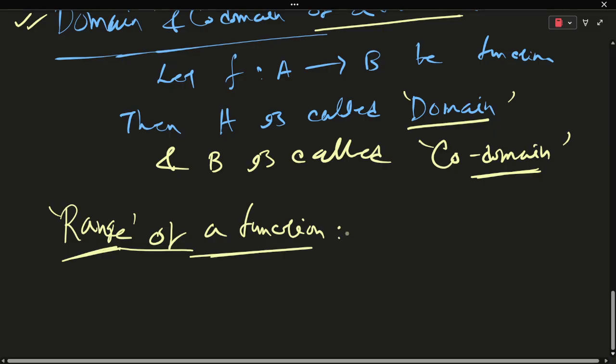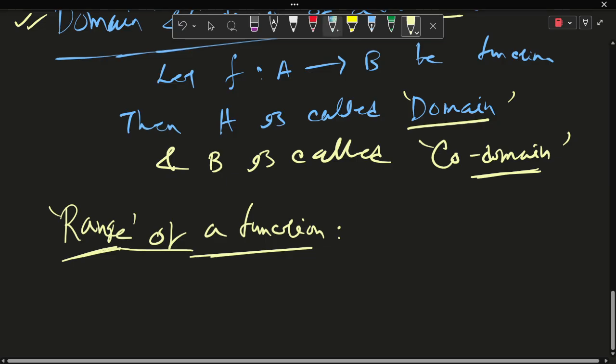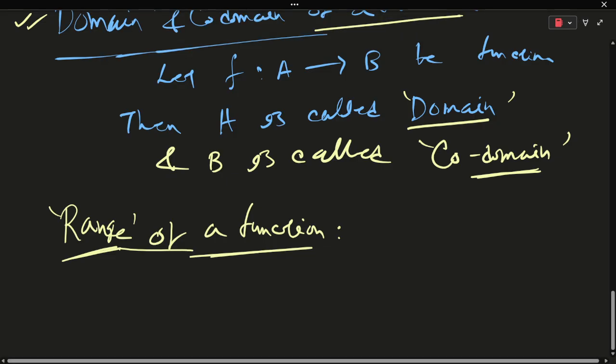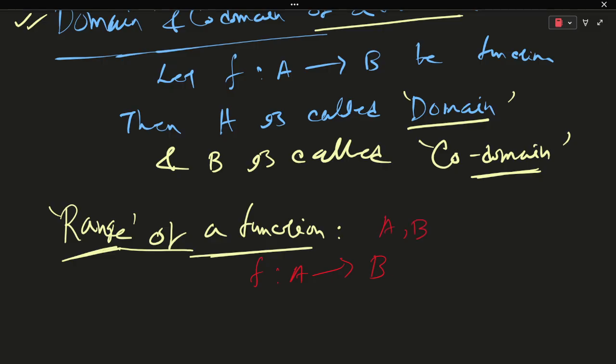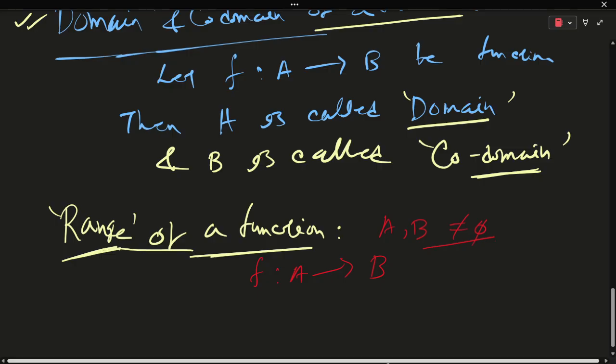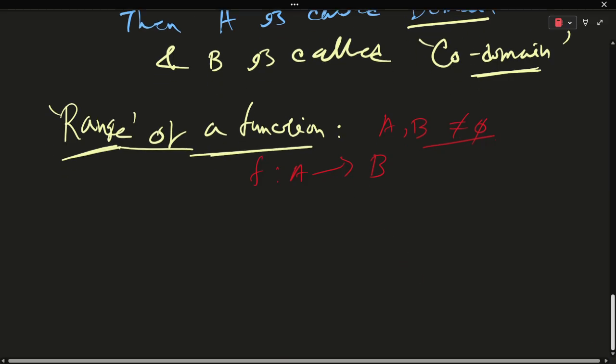So what is the definition of range of a function? If we take a function f from A to B, of course A and B are non-empty sets. That's when the definition is applicable. If one of them is empty, then you can't find any elements. It does not exist any elements in phi, the empty set.